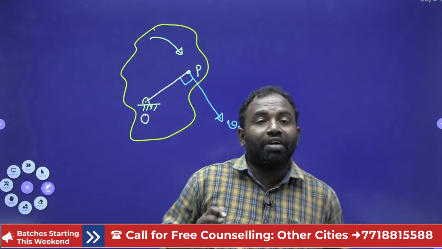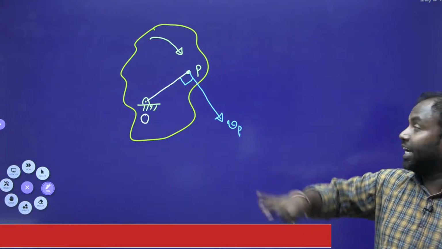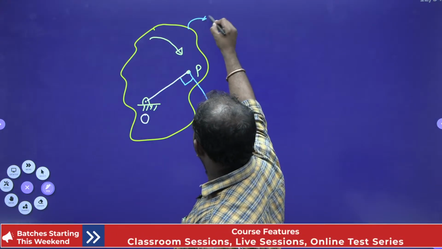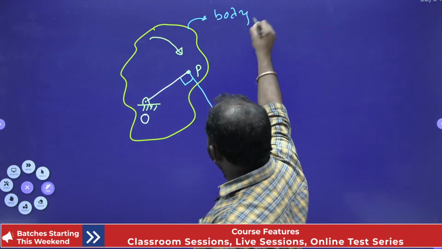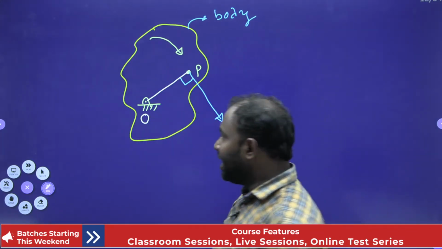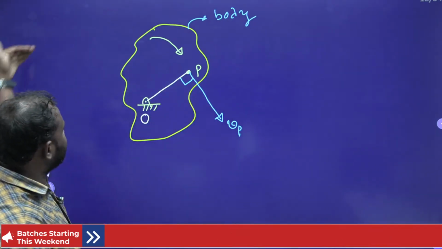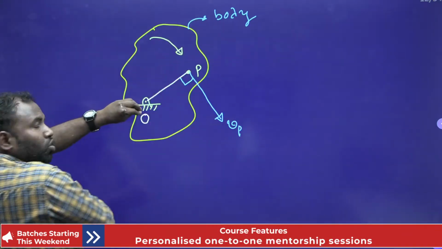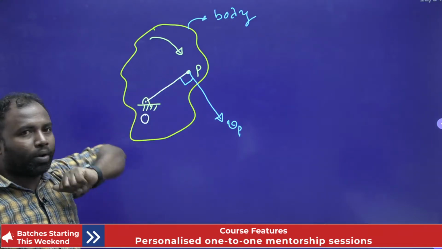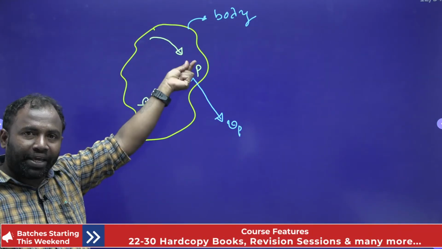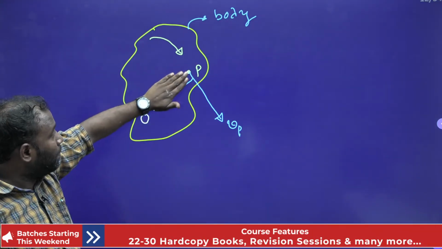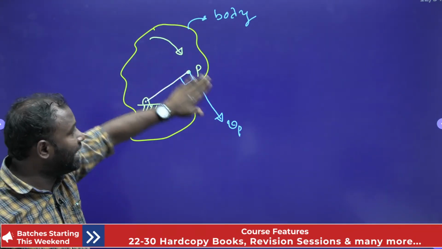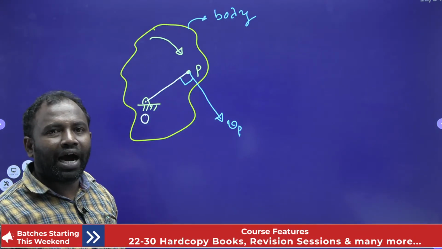The velocity of a particle in a rotating body, see, I am considering it as a body which is hinged at a point O, and if I apply a certain force here, then about this point O this body is going to rotate. In this body I am selecting one point, particle P. At particle P, what is my linear velocity direction? I would like to highlight that.